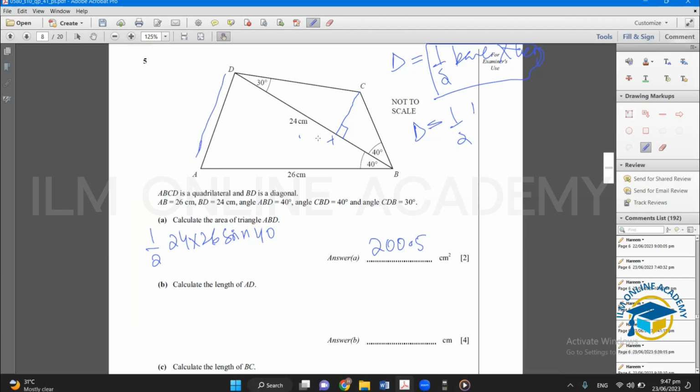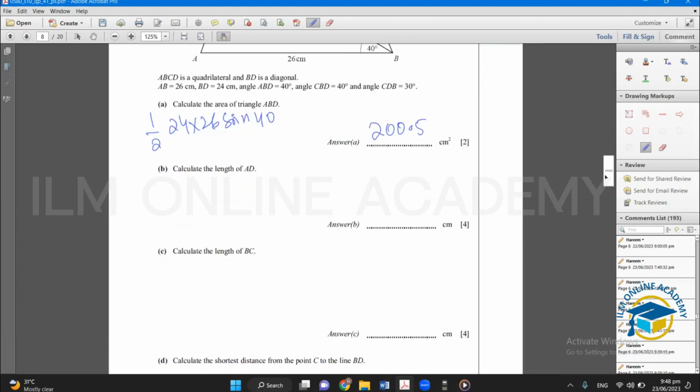If you can observe the basic principles of the triangle, we know the cosine rule, in which if the side we have to find out has its opposite angle known and the other two sides are known, we can solve it. So what we can do is, I have to find AD.